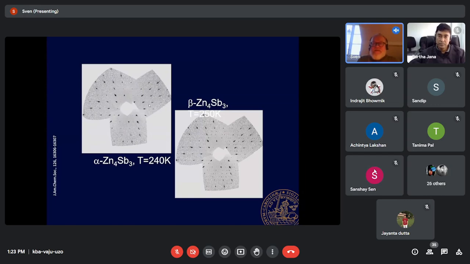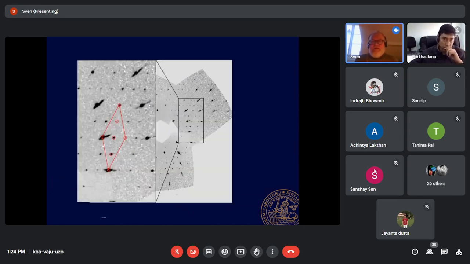And to the right, you have the structure at slightly lower temperatures, 240 K. And what you see is the development of a slight superstructure, shown by a much denser distribution of diffraction spots. If we increase the resolution, you can see that it's actually a fourfold superstructure of the original arrangement.